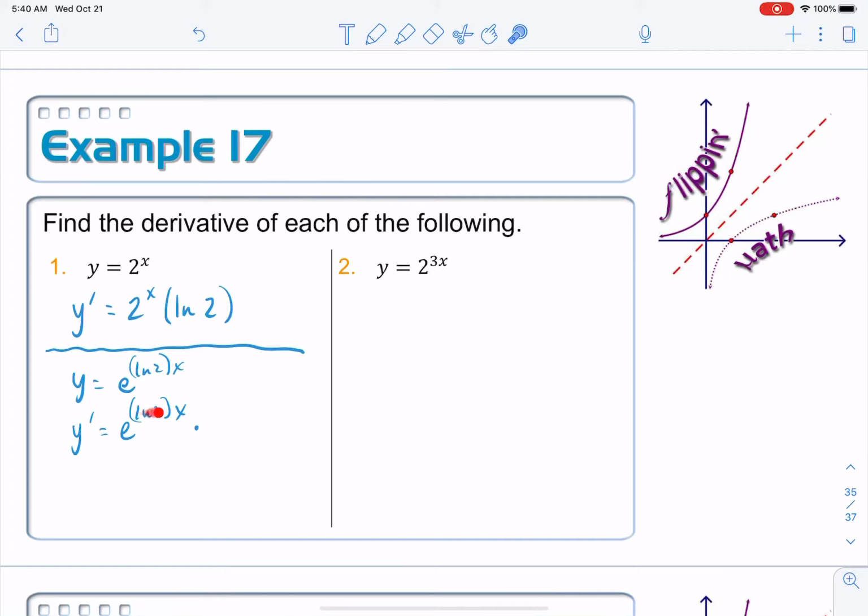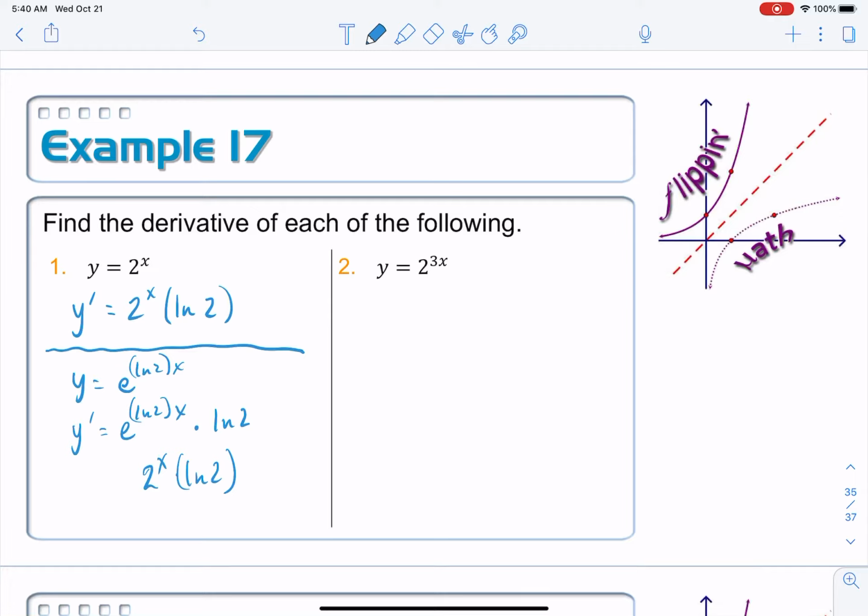So the derivative of this is just the natural log of 2. And then one last thing is that you convert this back using the definition into 2 to the x. And you can see, yeah, we got the exact same thing.